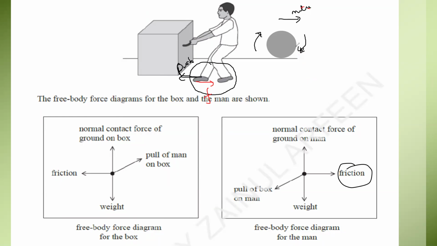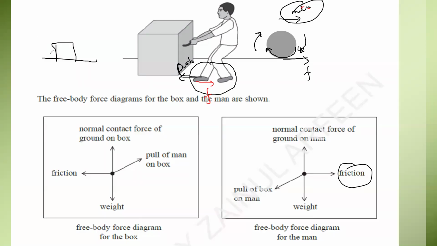These tires are rotating clockwise. So to oppose the rotation of the tire, the friction will be forward, towards the right-hand side. When we say friction always opposes the direction of the motion, it does not mean the total net direction of the motion. It means friction opposes the motion of the surfaces.